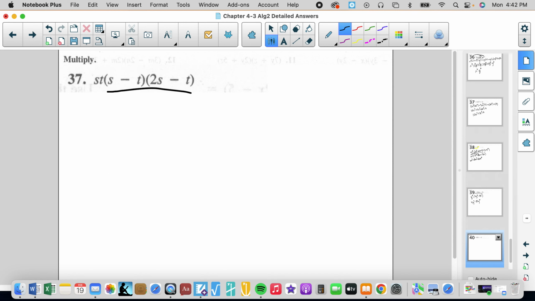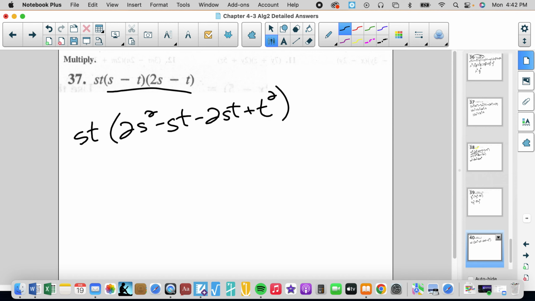These are not conjugates, so we'll still multiply those. That's 2s squared minus st minus 2st plus t squared. St times 2s squared minus 3st plus t squared. Let's distribute the st in.